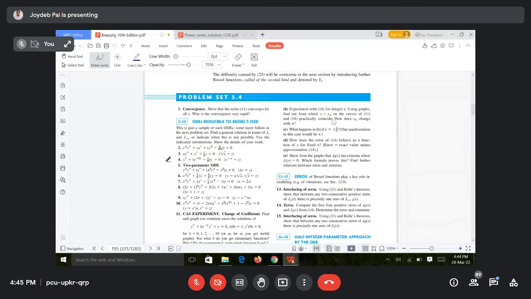From problem 2 to 10, there are problems where we have to convert the given equation to Bessel's form, reducible to Bessel's ODE, and then state what type of solution it has.